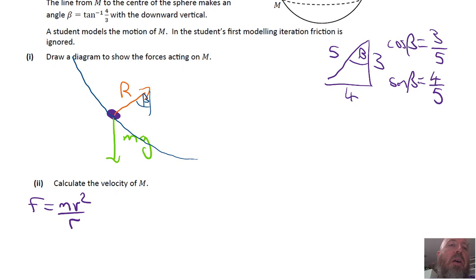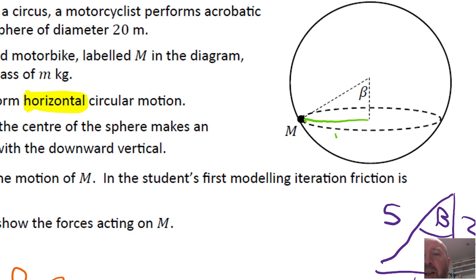So that little green line is the radius of the circle the motorbike is making horizontally. We can get this using that angle beta, because we know that line is 10. It's half the diameter. It's the radius of the sphere.